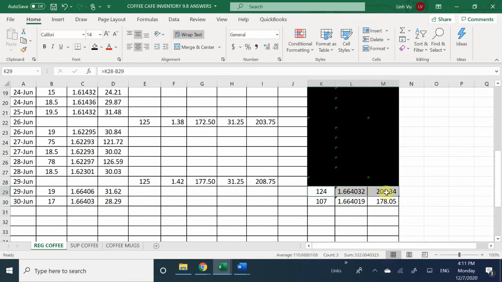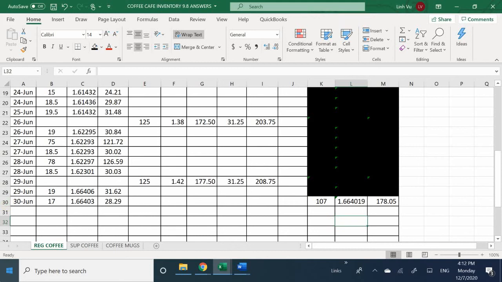And then I'm going to divide that by the 107, which gives me a new cost of 1.664019. Ooh, we're dropping by like a 10,000th of a penny.